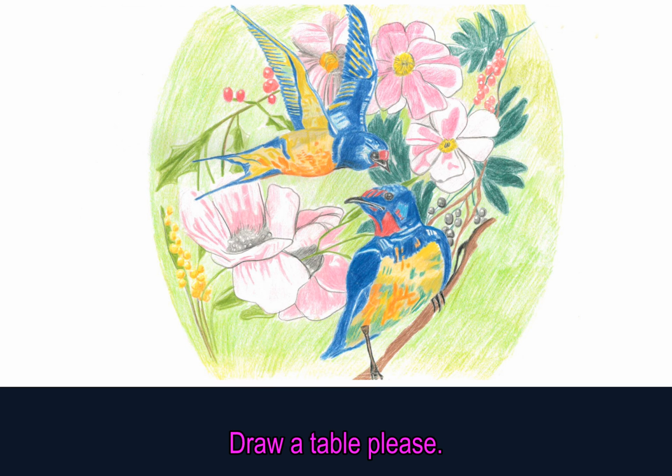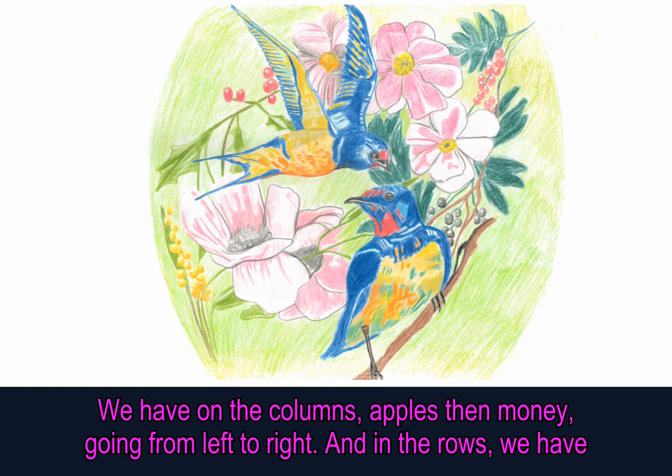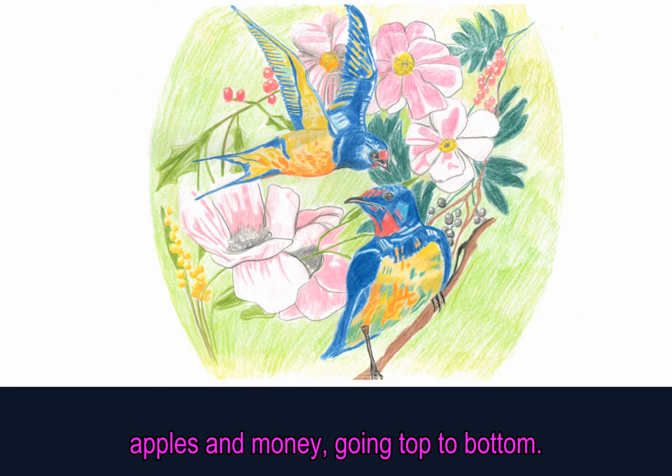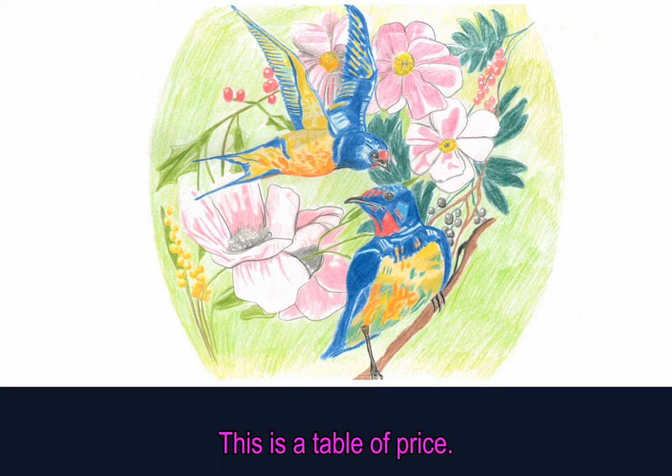Draw a table, please. We have on the columns apples, then money, going from left to right. And in the rows, we have apples, then money, going top to bottom. This is a table of price.